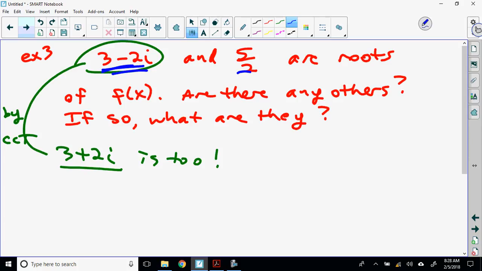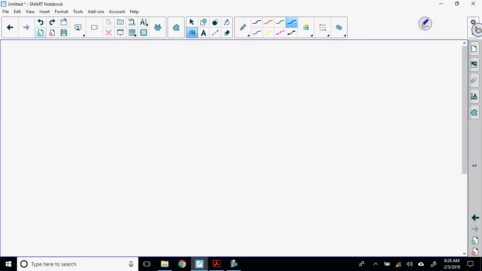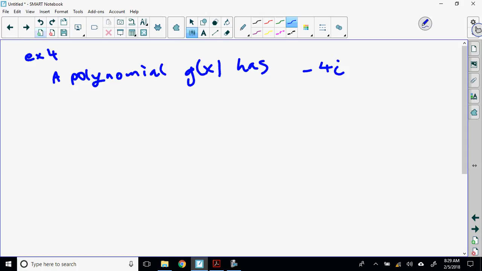Okay. Last example, here it is. Example 4. A polynomial g of x has negative 4i and 3 plus rad 2 as roots.